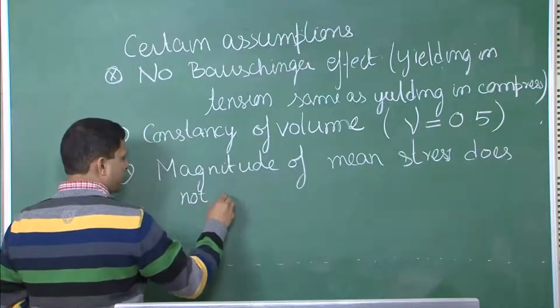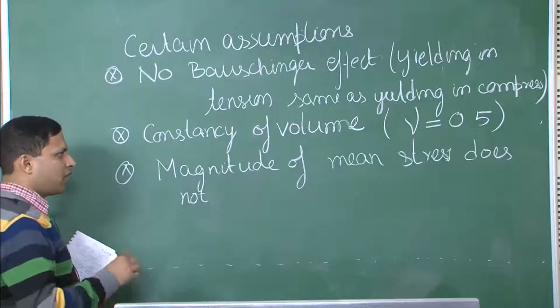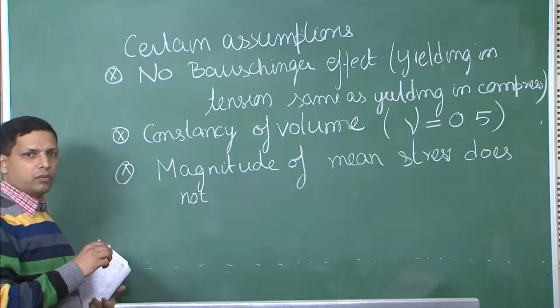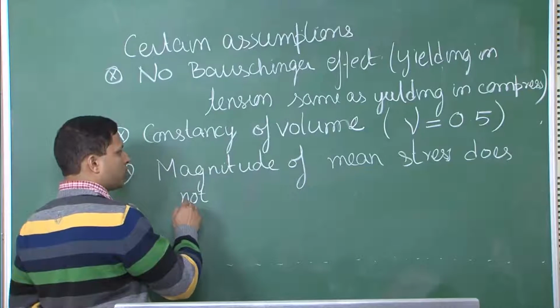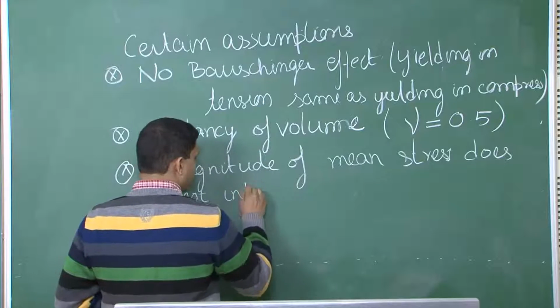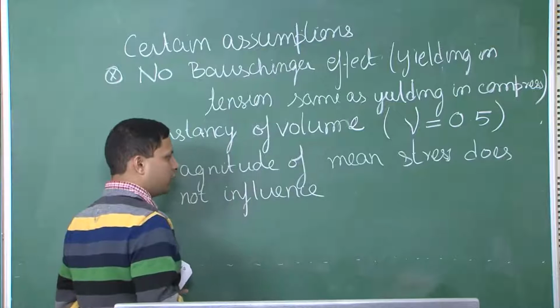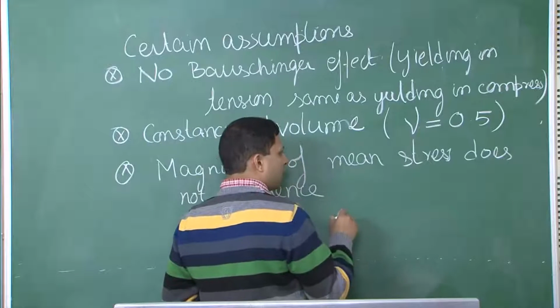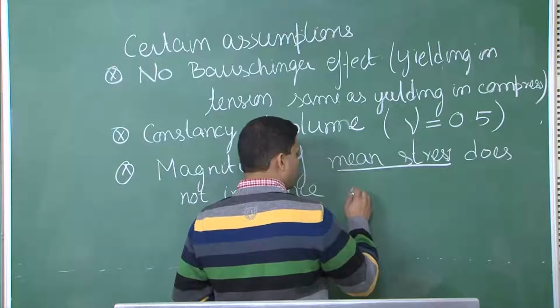Now, we have already stated it in a much more general way, but to formulate this relation we are taking a more defined approach and saying that the magnitude of mean stress does not influence yielding. We have already said that hydrostatic stress should not influence yielding, and now we are putting it in a more specific term, that mean stress should not influence yielding.